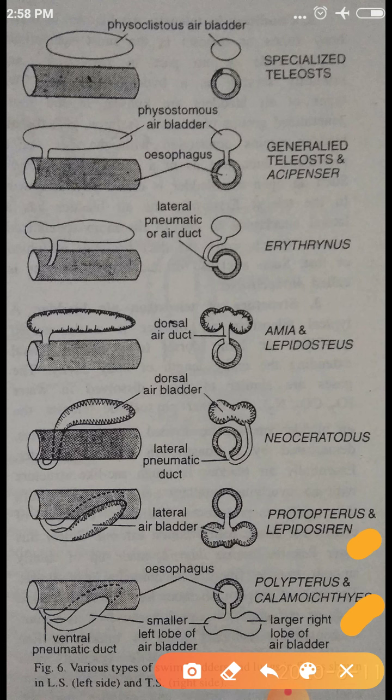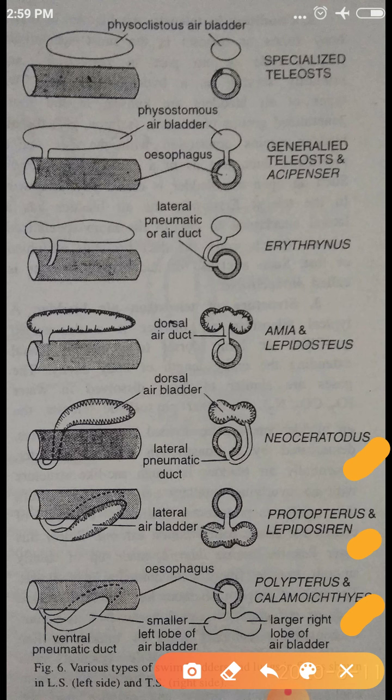Next, in the Australian lungfish Neoceratodus, the air bladder consists of a single lobe lying dorsal to the gut but still connected ventrally to the esophagus by a narrow pneumatic duct passing down along the right side of the gut.